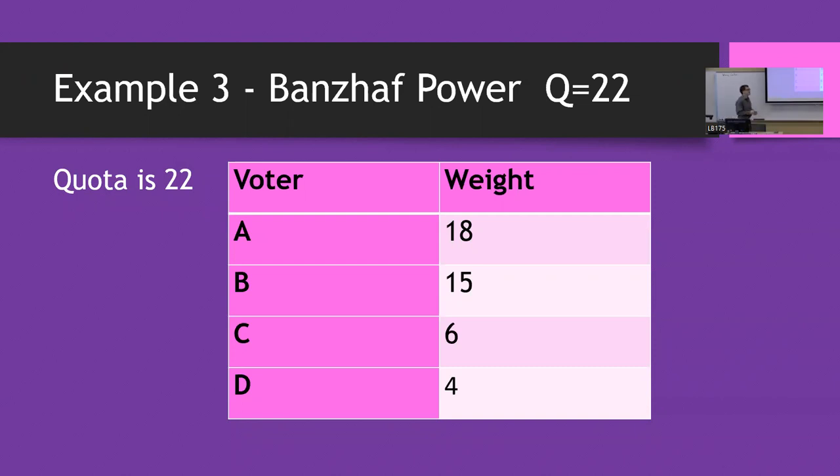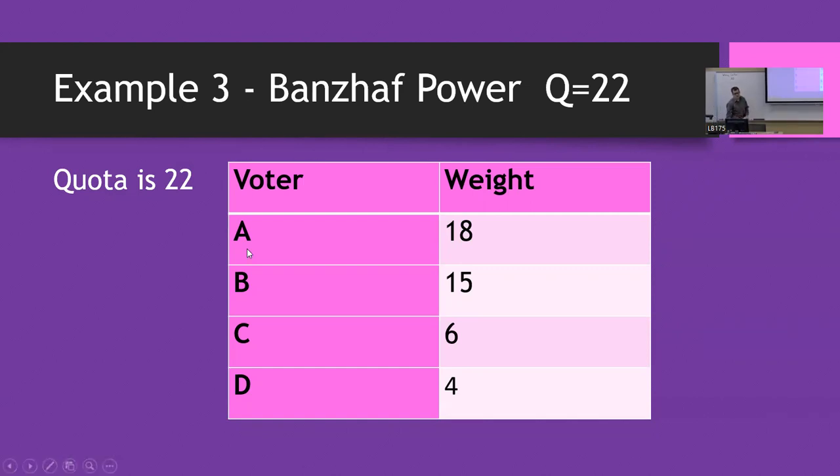So I start by looking at each individual. No single individual can win by themselves. No single individual has 22 votes. So let's look at pairs of individuals. So I start with A and B. Yes, A and B weights add up to more than 22.